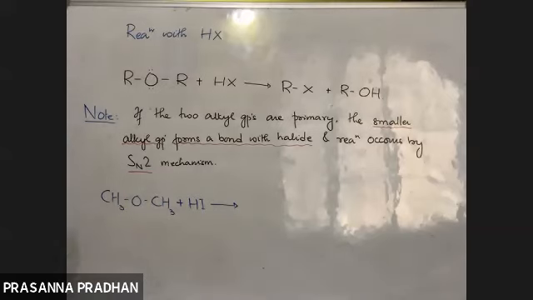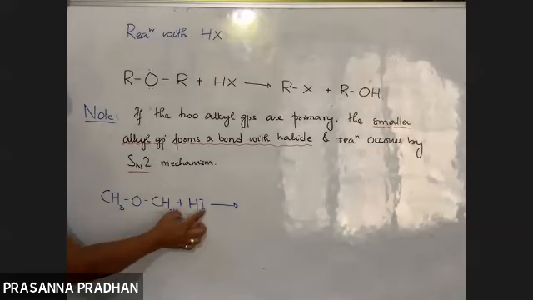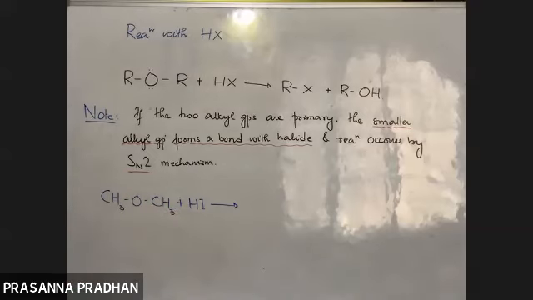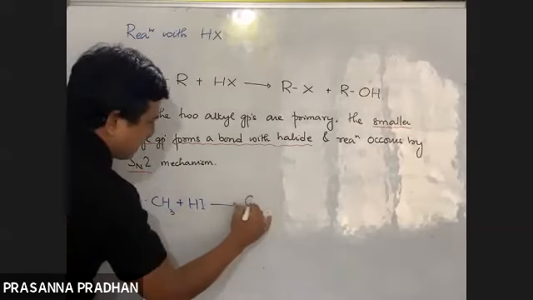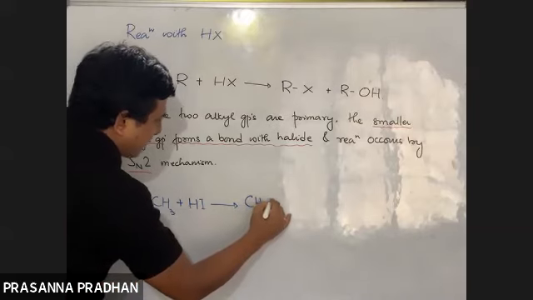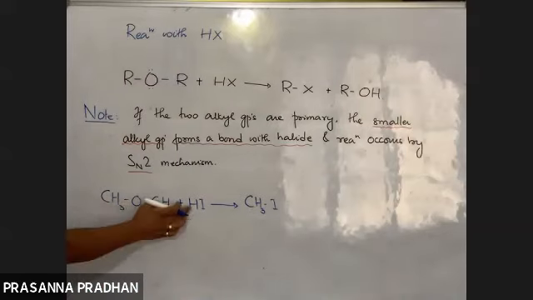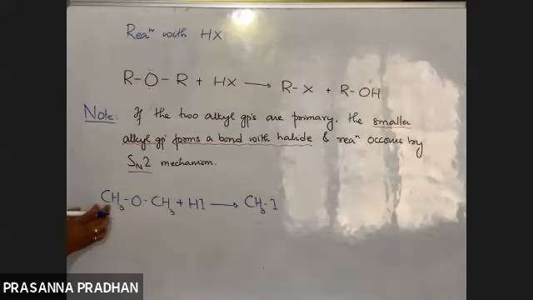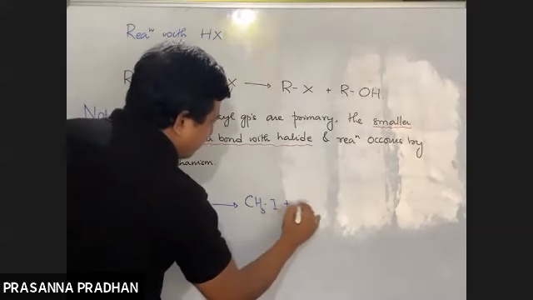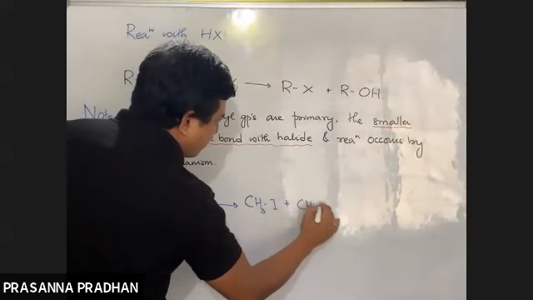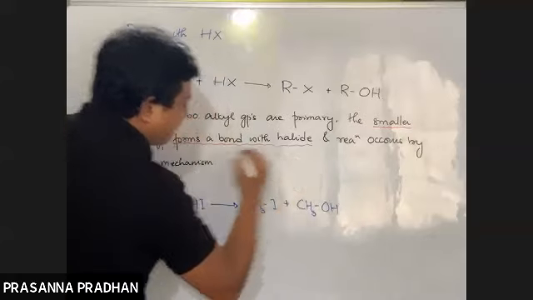So any one of the alkyl groups forms a bond with halide. One methyl group forms a bond with halide, so we get methyl halide. The other part, CH3O, forms a bond with hydrogen, and we get methyl alcohol.